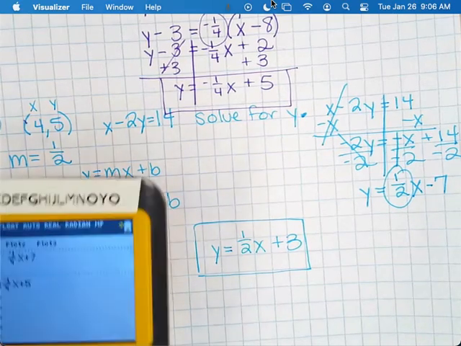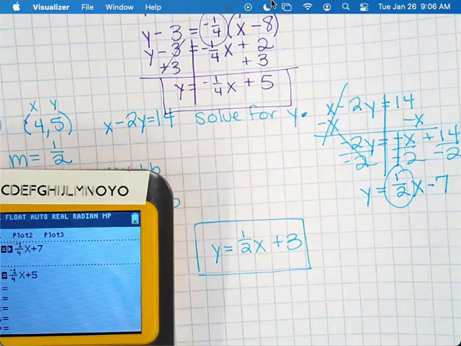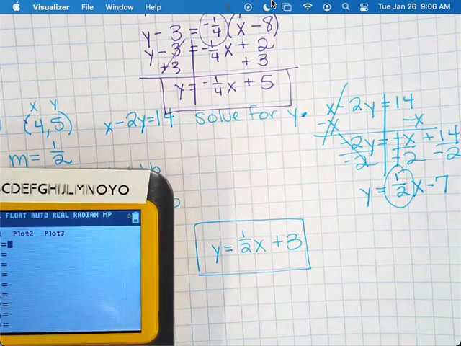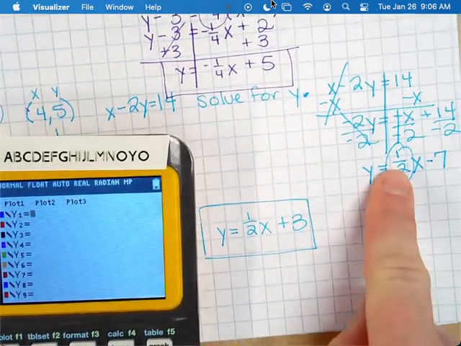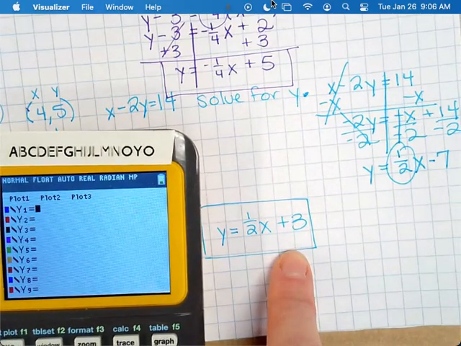Okay, so let's go to y equals, clear out what's in there. And put in the given equation and then our new equation that's supposed to be parallel to it.